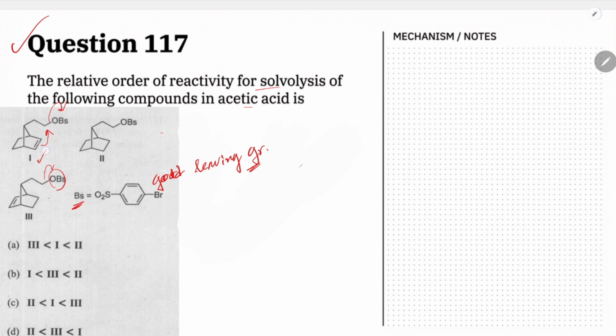So in the case 1, this kind of attack is possible, and it will give the faster rate of product. So 1 is the highest, so option D is correct. After 1, there is 3 as a pi bond is involved here, and in this case the sigma bond is involved, but more than a sigma, the pi bond NGP is high, and it can act as a beta homo. So that's why this order will be possible.